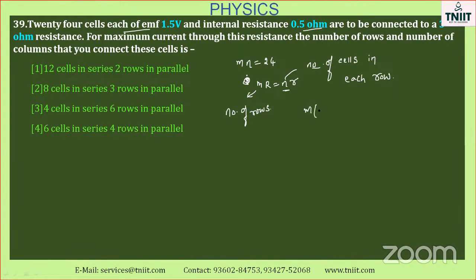So M we don't know, external resistance is 3 ohm, N we don't know, internal resistance is 0.5. So 3M is equal to N by 2, or N is equal to 6M.